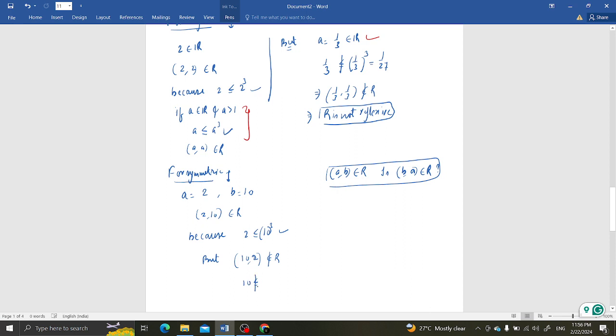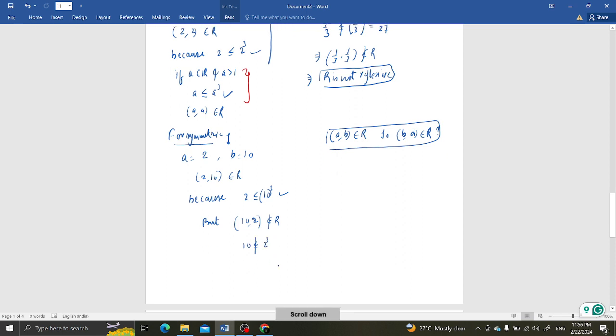Because 10 is not less than or equal to 2 cubed. Why? Because 2 cubed is 8. None of the conditions satisfy. So this implies that R is not symmetric, because there exists an ordered pair for which symmetry is not true. R is not symmetric on R. I think you understand.